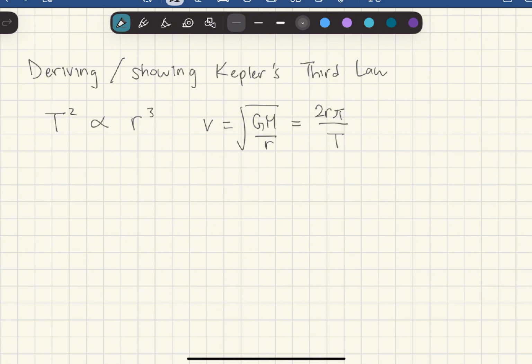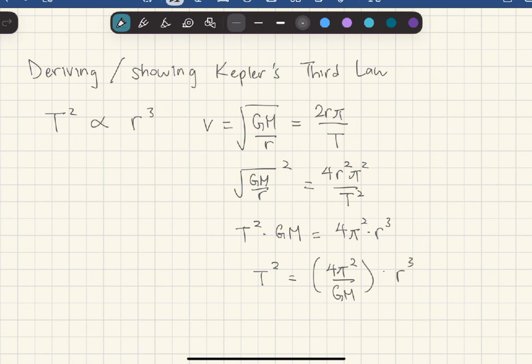So now we have two equations that are equal to each other, and we can try to set T squared to be equal to a constant times r cubed. Through this equation, we can prove Kepler's third law to be true, because 4 pi squared over GM will be a constant, as long as it is for the same star or object, because it is mass.